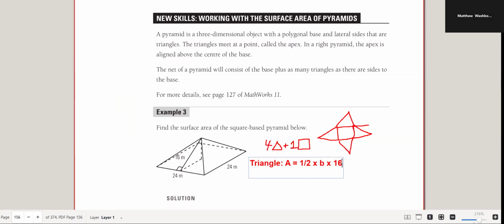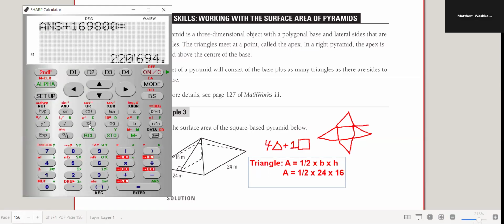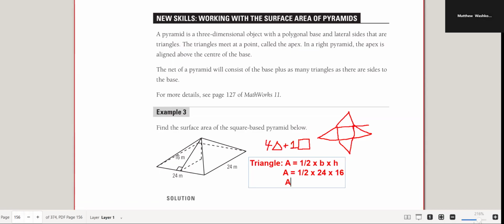Base times height. 24 times 16. Right, so 1/2 times 24 times 16 gives me 192. My area of one triangle is 192 meters squared.